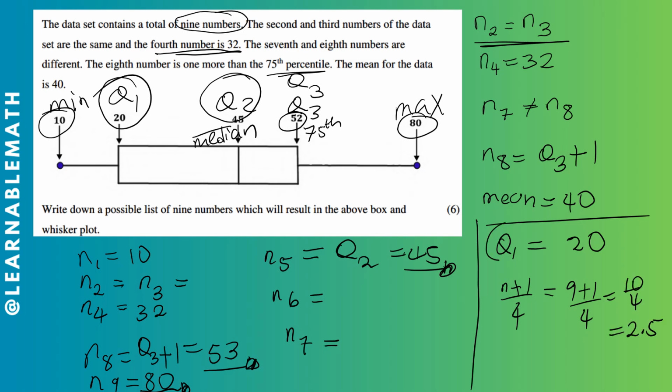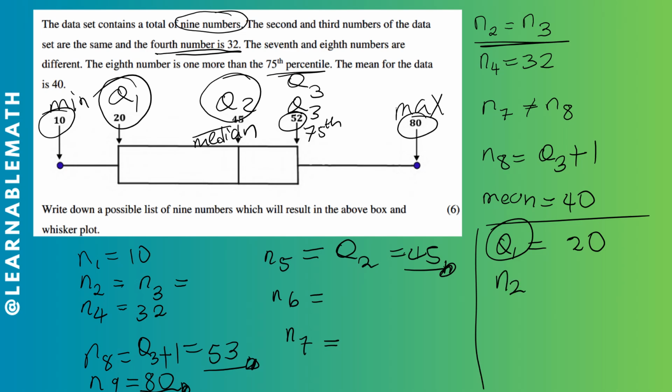It means Q1 is found in position number 2 and number 3 together. Because it is formed by two numbers, I take number 2 and number 3, add them and divide by 2. That gives me my Q1, which on the graph is equal to 20. Can you see? But we are told something.